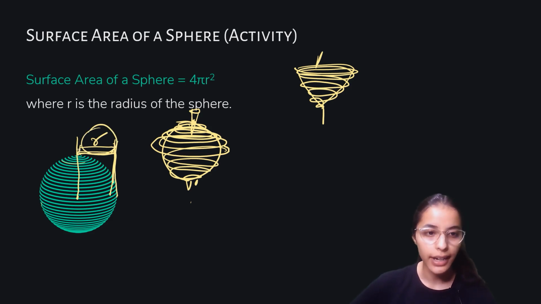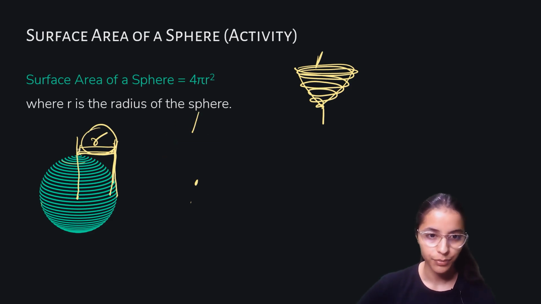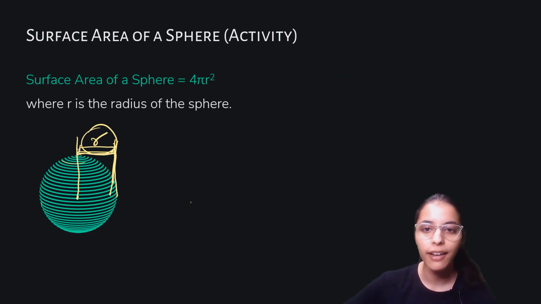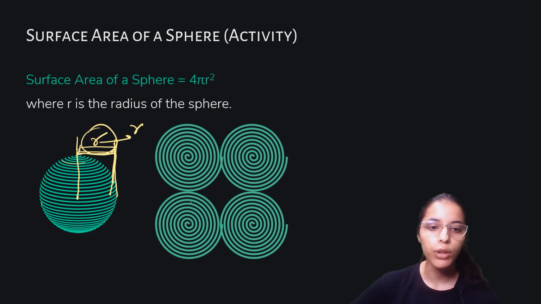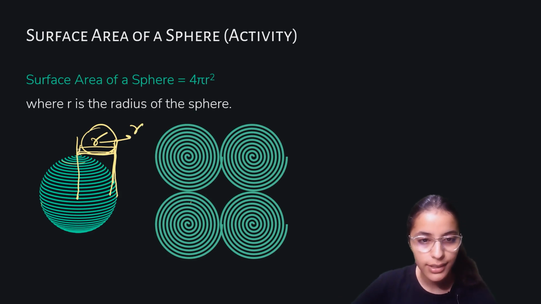Now with this radius, draw four different circles. You'll know why I have said to draw four different circles. Cut them out from paper with radius r, where r is the radius of the sphere. So now we have four different circles. Now take the string and start winding it around these circles until it completely fills the first circle.